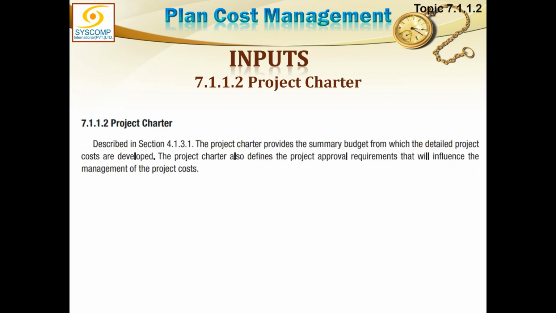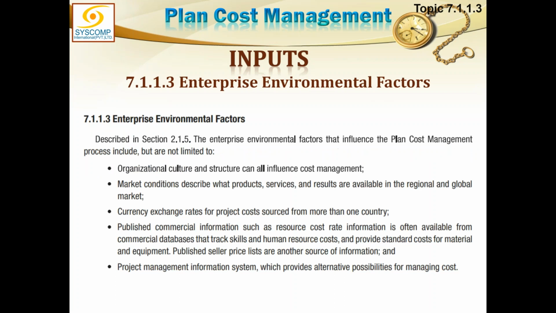The charter will be an input, that is always an input for any management plan. Enterprise environmental factors and organizational process assets are always inputs, but what is more important from the enterprise environmental factors point of view: organizational culture, market conditions, currency exchange rates, any published commercial information, or the project management information system, which we have already been discussing.